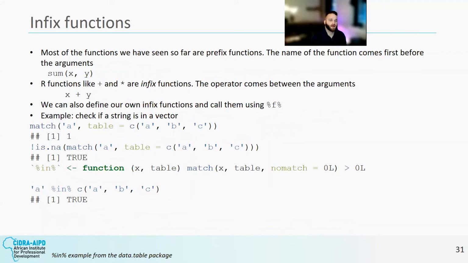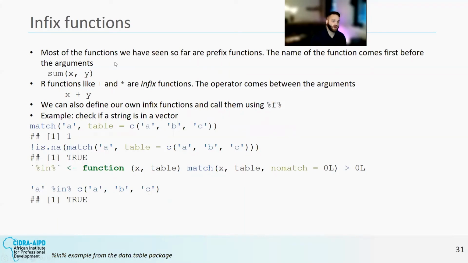Now, the next concept is called infix functions. Almost everything we've seen so far are prefix functions. The name of the function comes first before the arguments, so pre meaning before. For example, sum of x and y is prefixed because the function sum comes before the arguments x and y.